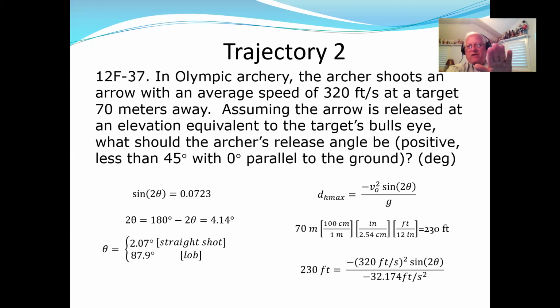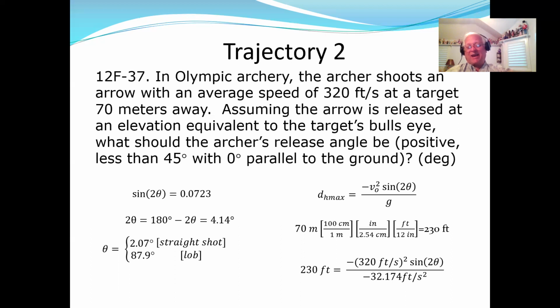But if I shoot 5 degrees higher, at 50 degrees, I could also shoot 5 degrees less than 45, or 40 degrees, and have the same horizontal distance if I shoot with the same velocity.